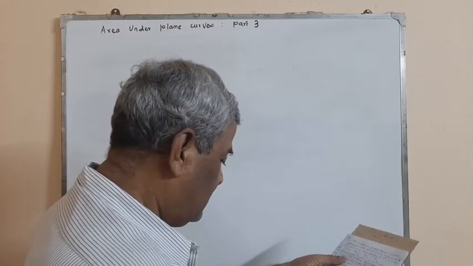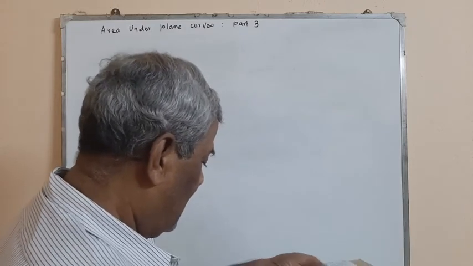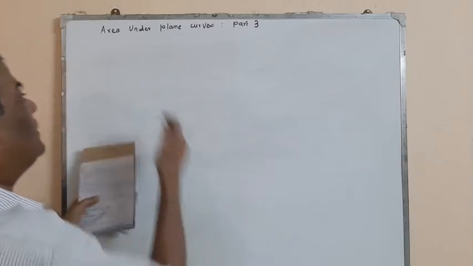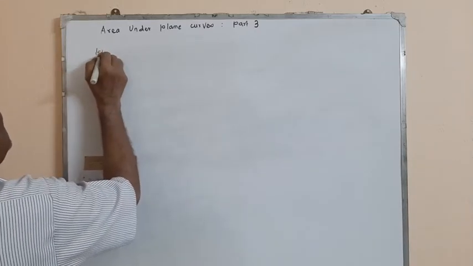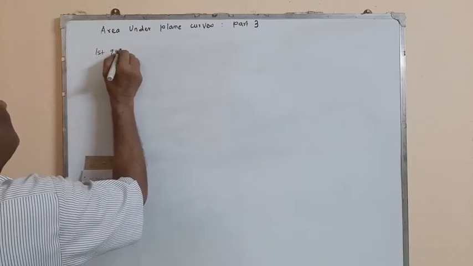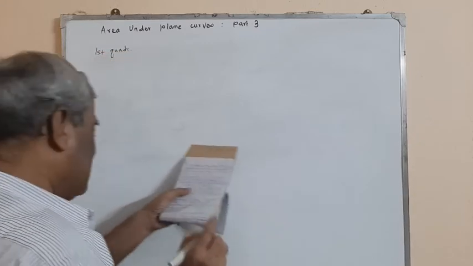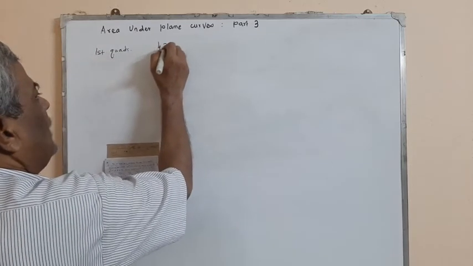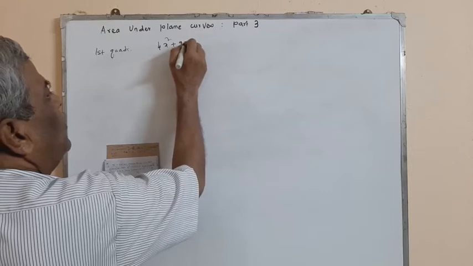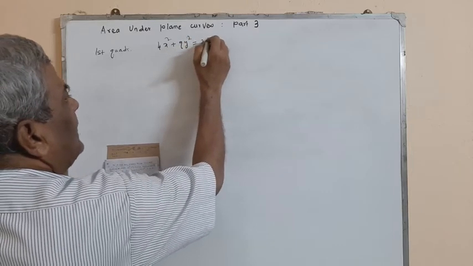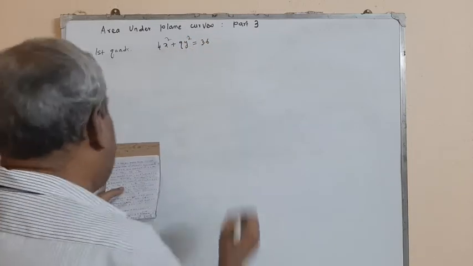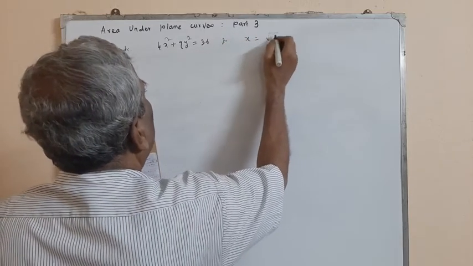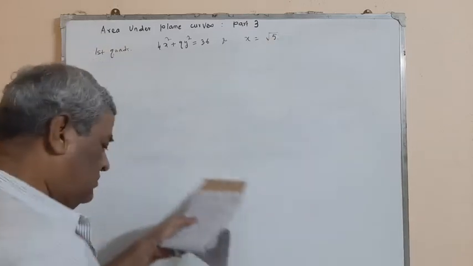The next problem is: find the area in the first quadrant between 4x square plus 9y square is equal to 36 and x is equal to root 5.